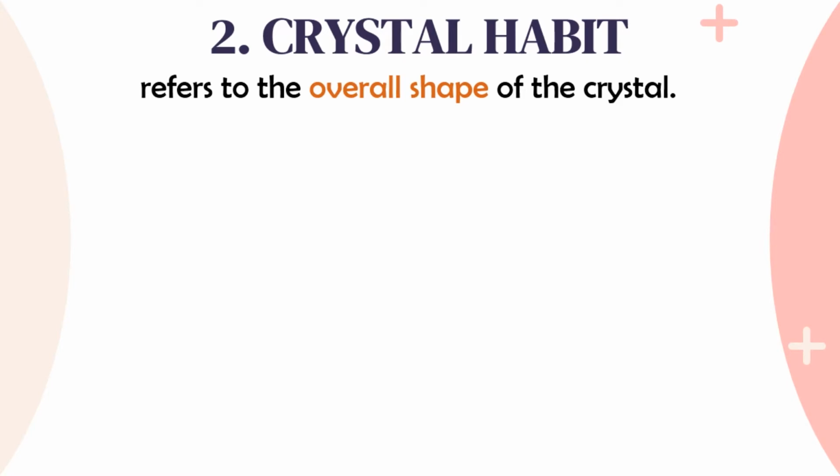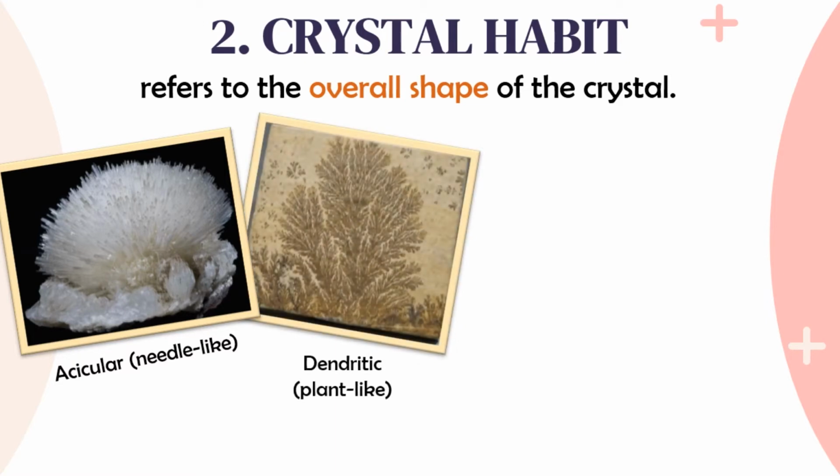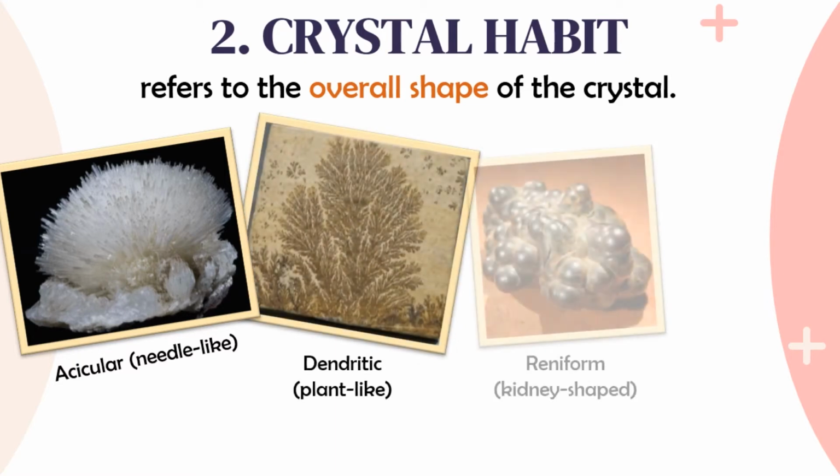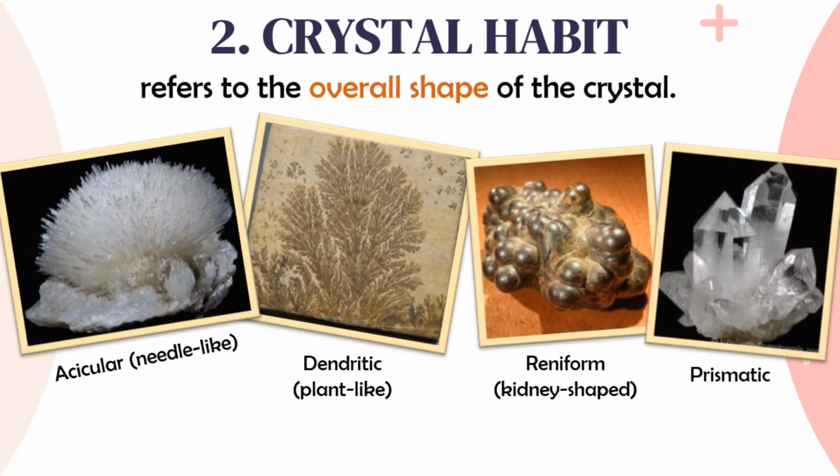If a crystal is allowed to grow in an unrestricted environment, it develops natural crystal faces and assumes a specific geometric crystal form. Common shapes include acicular, which are needle-like, dendritic, which are plant-like, reniform, which are kidney-shaped, and prismatic.